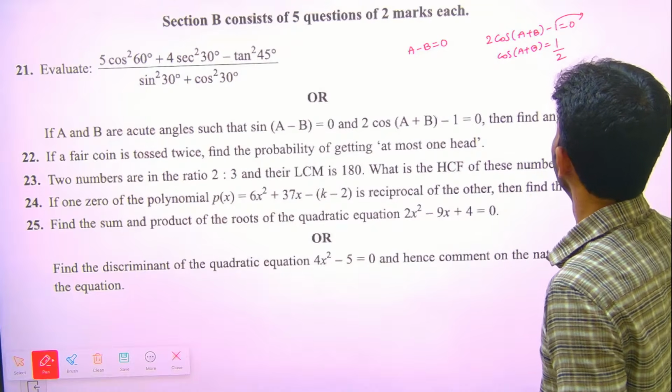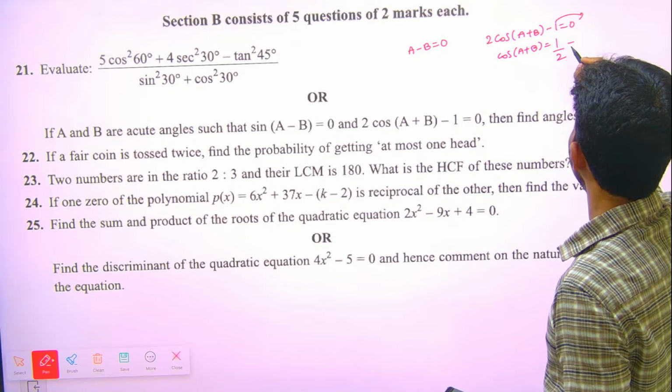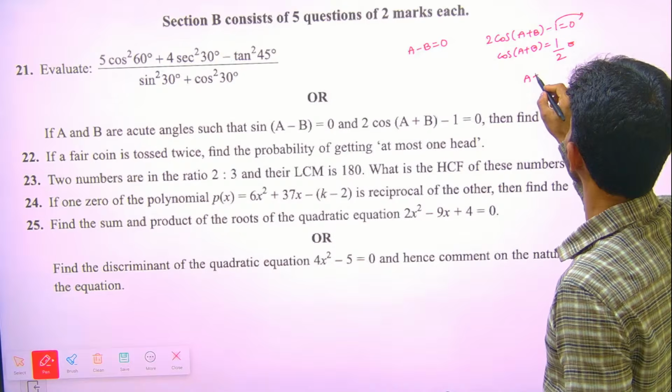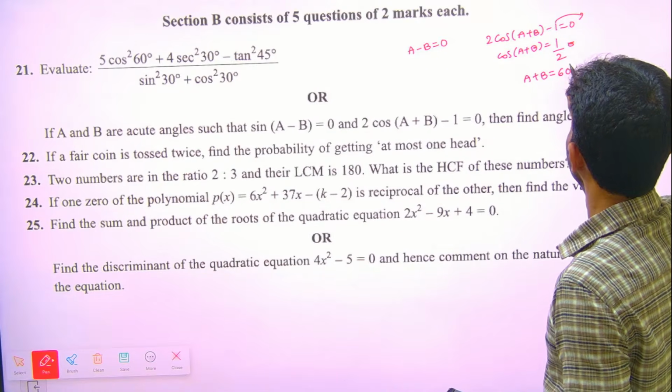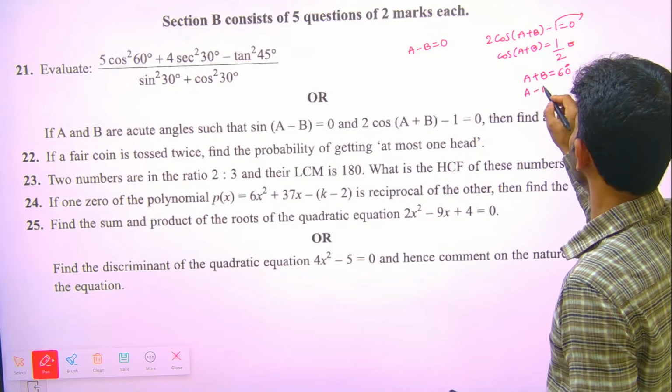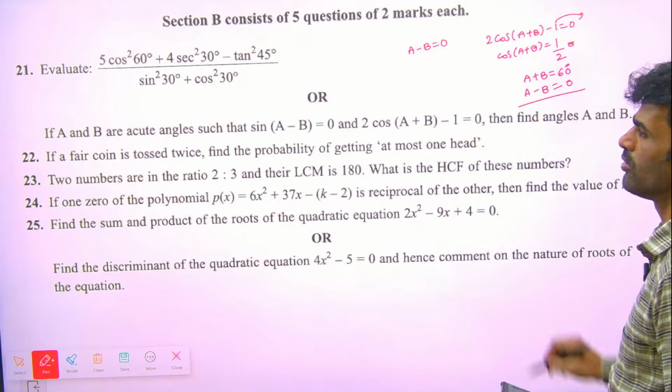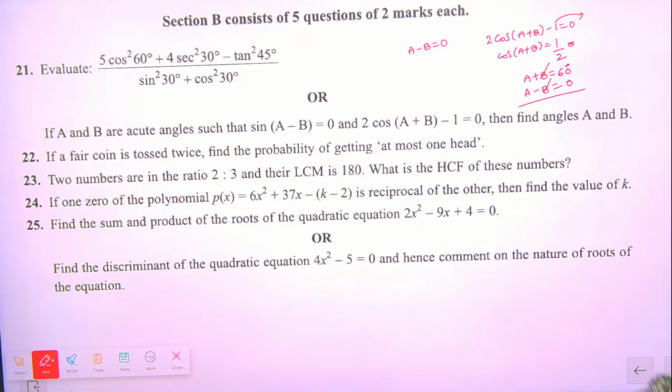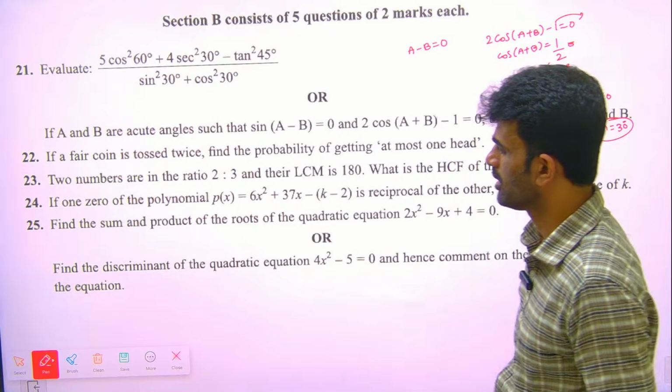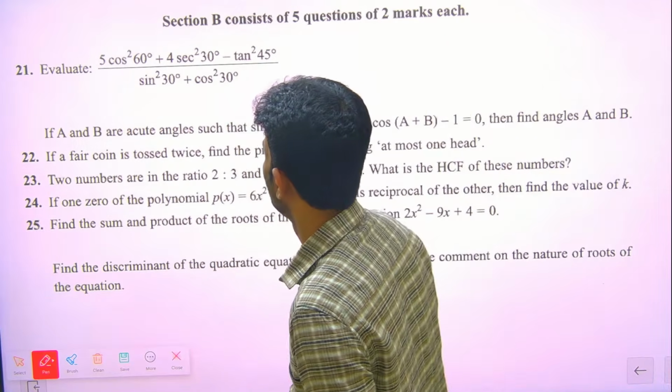So at what angle do we have cos theta as 1 by 2? a plus b is equal to 60 degrees, a minus b is equal to 0. What happens now? Plus b and minus b will be cancelled. Then 2a is equal to 60, a is equal to 30. If a is equal to 30, b is also 30. Hope you know how to do this.